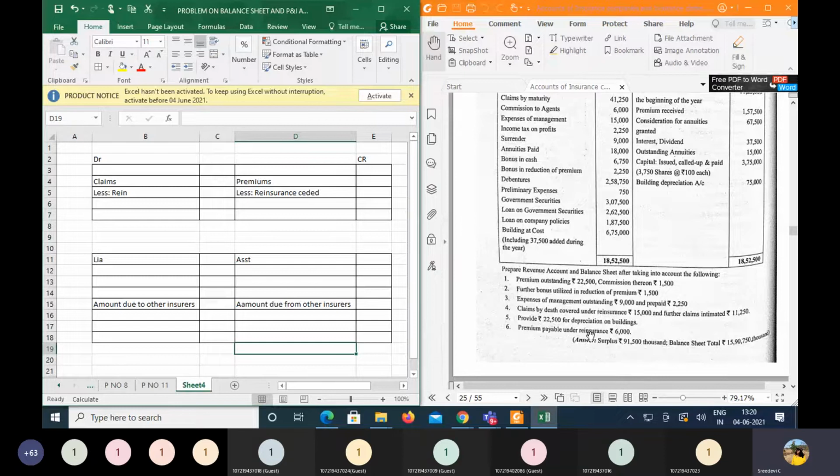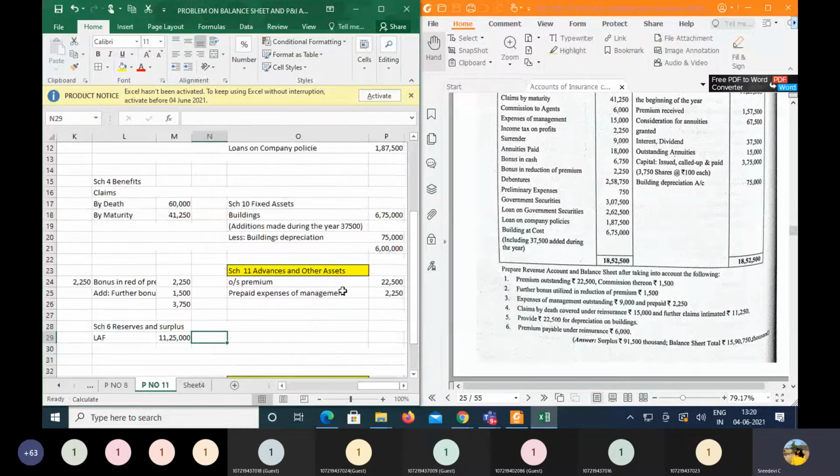So first I'm going with the claims by death covered under reinsurance. I'm just going to the claims under schedule number 4. So I'm taking it as claims, and from here I'm deducting it as less reinsurance. The amount of the death claims which have been reinsured is 15,000 rupees. Once you minus this 15,000, the balance of the claims is 45,000.